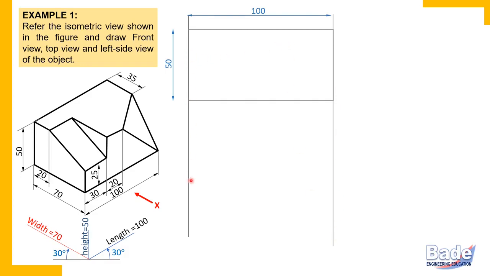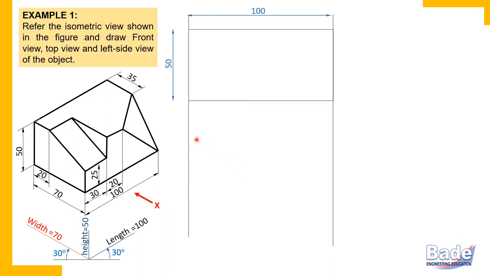The logic behind that is what we studied in the very first lecture: two views of a point lie on a single projector. So these corners of the object will be on the same projectors in the top view. End projectors of any object in the front view and top view match.